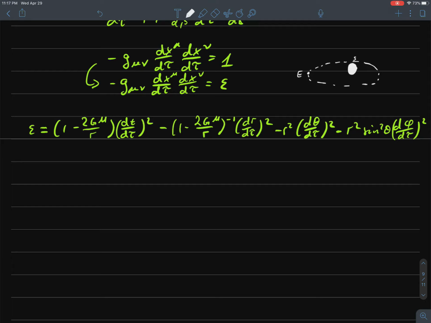So if I'm at the sun and I think about this as the z-axis, then from here down to here, that should just be theta equals pi over 2.